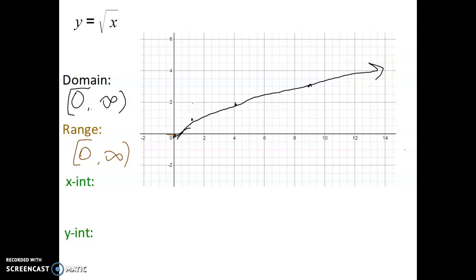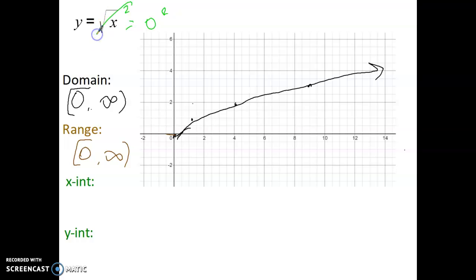All right, let's do x and y intercepts. You remember that x-intercept has lots of synonyms. The x-intercepts are the roots. The x-intercepts are the solutions when it's equal to 0. The x-intercepts are called zeros. In this case, I can substitute 0 for y and find the solution to this equation. The inverse of square root is square, so let's square both sides.